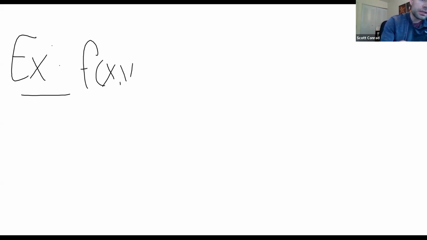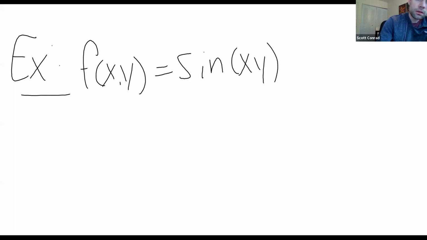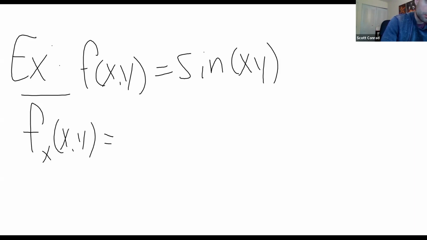So suppose our function is sine of xy. Let's just calculate the partials with respect to x and the partials with respect to y.